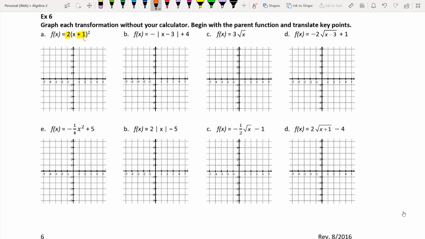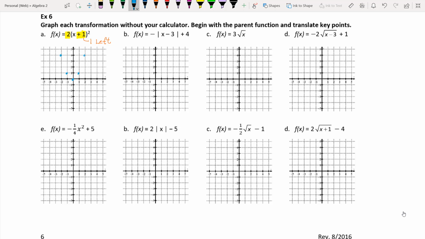All right, so this is a parabola. I'm going to graph the parent function parabola, and I'm not going to draw the whole thing, I'm just going to put the dots on.